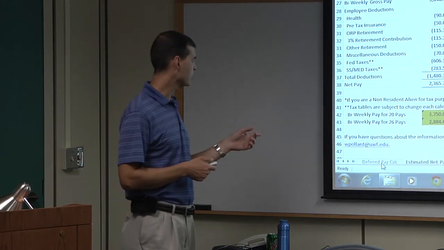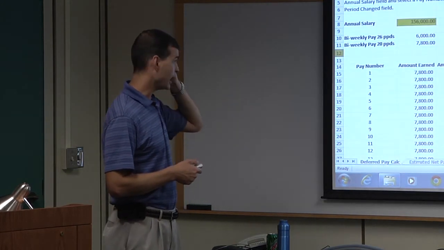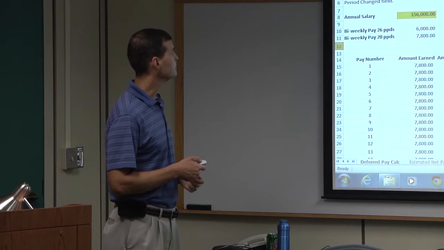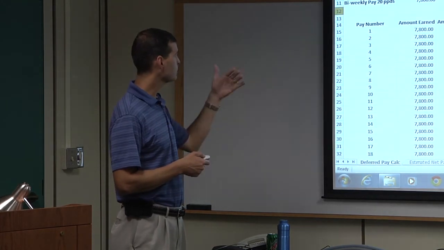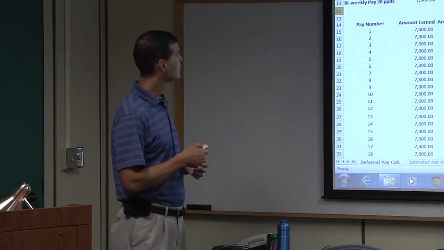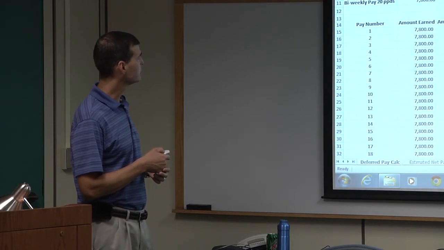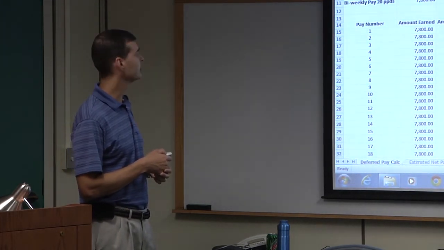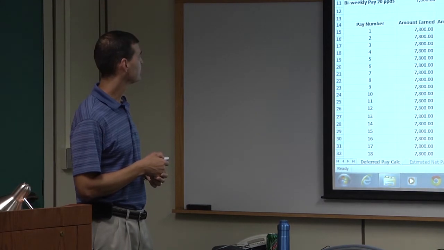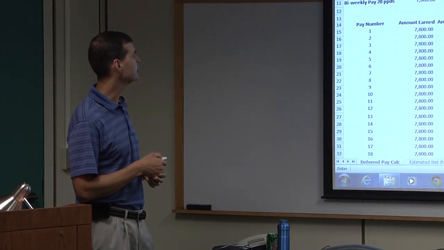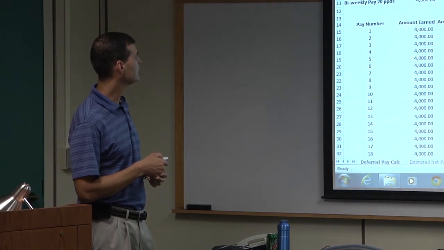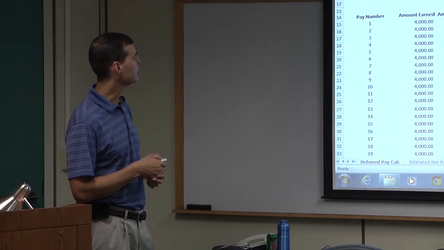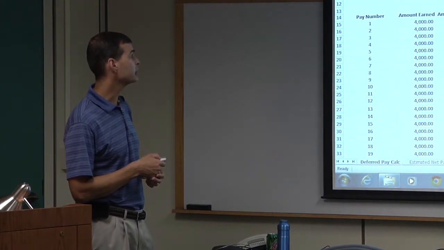We have one other tab on here that just kind of shows you how it works, and you can also play with this as well. I just put in that amount. We can all dream big, right? And then it just shows you how the calculation happens each pay period. So this is the amount that you would earn, and then you have an amount that you actually would get paid.